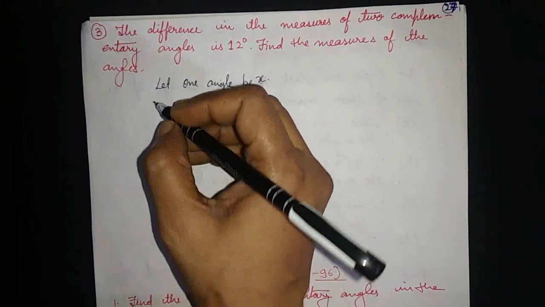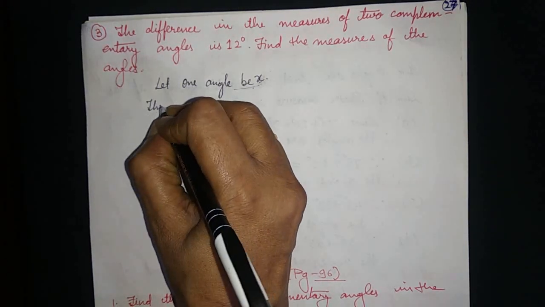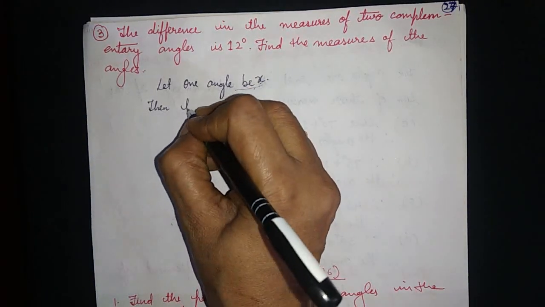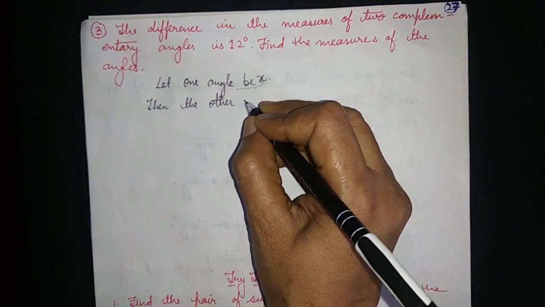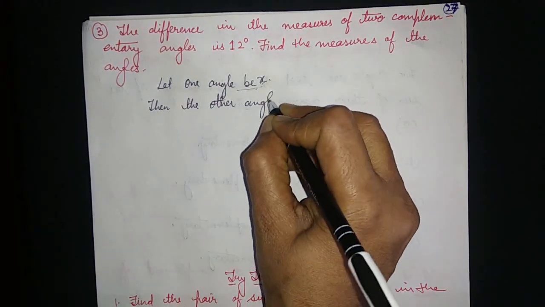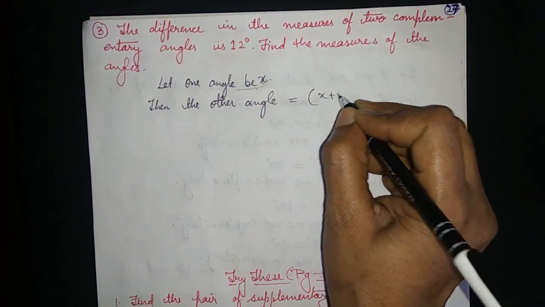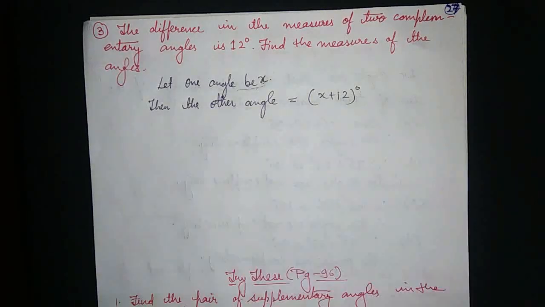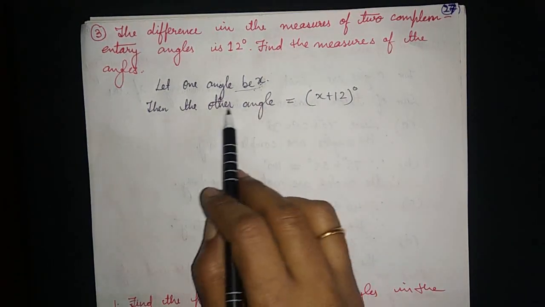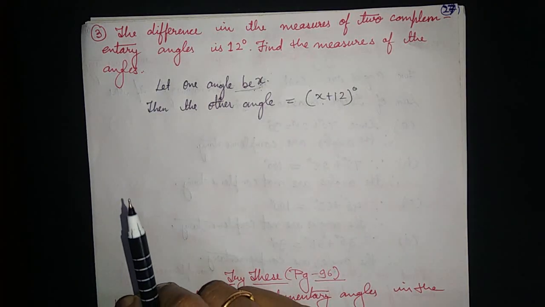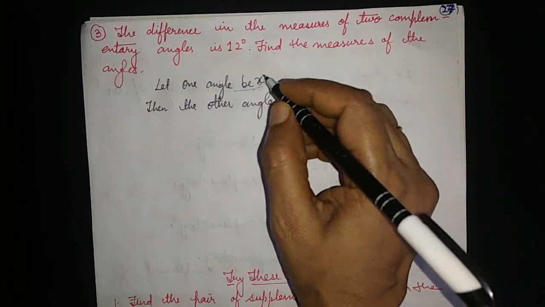So for the other angle you will write, then the other angle is equal to x plus 12 degree. Let one angle be x, then the other angle is equal to x plus 12 degree.